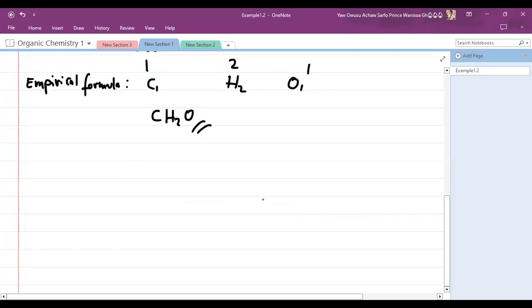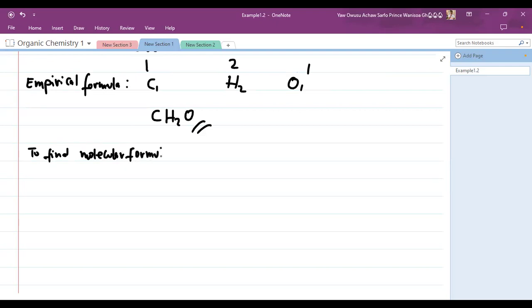To find the molecular formula, we use MF is equal to N times EF.